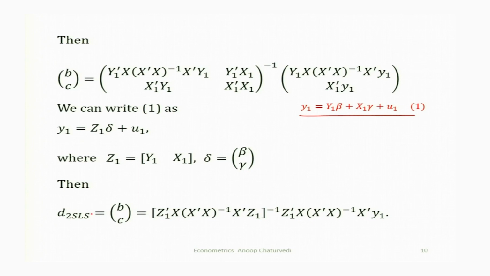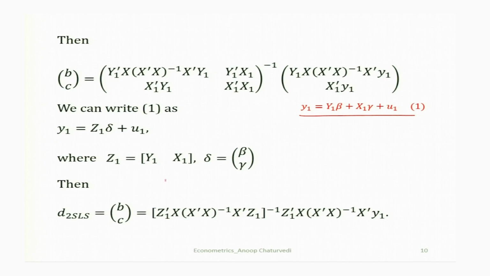Then the two stage least square estimator for delta is, say, we denote it by d 2 SLS, which is equal to B C. Now, this is equal to z 1 transpose x transpose x inverse x transpose z 1 whole inverse z 1 transpose x transpose x inverse x transpose y 1. Now, one can easily verify it. If you substitute the value of z 1 here, then what do you get?